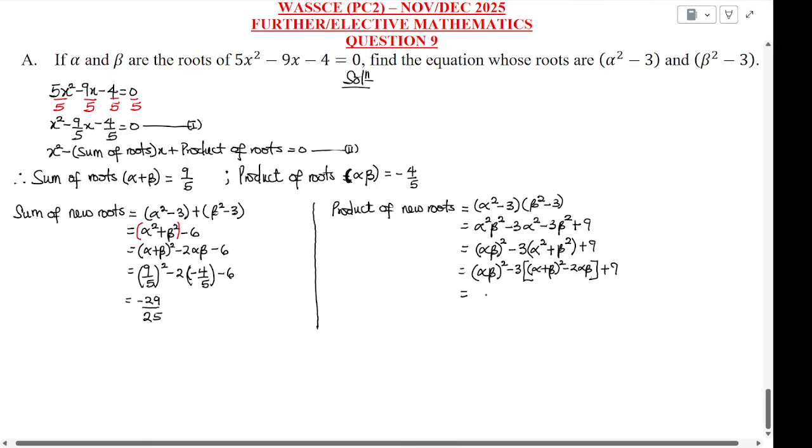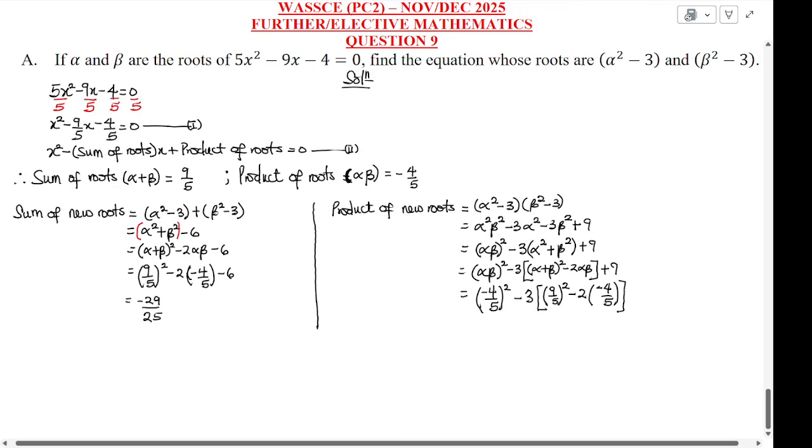So let's quickly do our substitution here. Alpha beta has been given as the product of roots, and that's negative 4 out of 5 all squared. Then I have negative 3 multiplying the bigger bracket, alpha plus beta all squared, so 9 out of 5 all squared, then minus 2 alpha beta, which is the product, negative 4 out of 5.